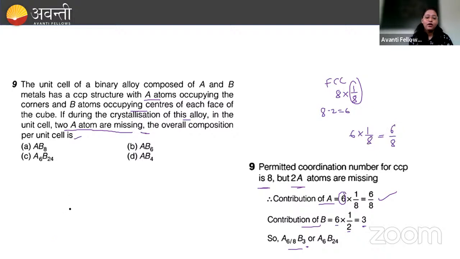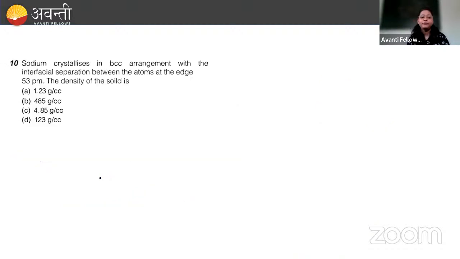So I am writing A 6 by 8 and B is 3. Now converting this into integer numbers, multiply by 8: A becomes 6 and B becomes 3 times 8, which is 24. So the overall composition of the compound will be A6B24. Any doubt in this? Very simple problem, only the asking of the question is different. Very good. Next problem.